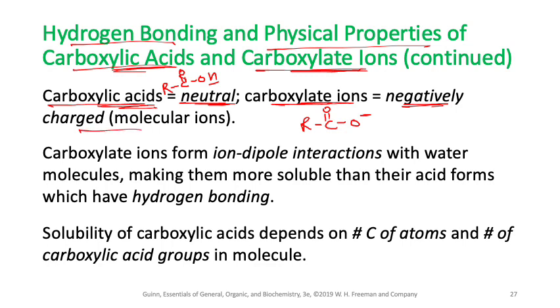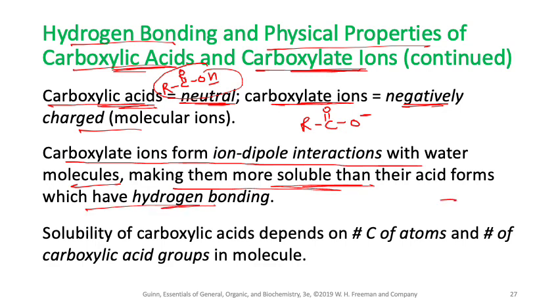Because of the presence of the negative charge, the carboxylate ion can form ion-dipole interactions with water molecules, making it more soluble than its acid counterpart, which doesn't have any charge on it and can only form a hydrogen bond. So ionic compounds are more soluble compared to compounds that can only form hydrogen bonds.